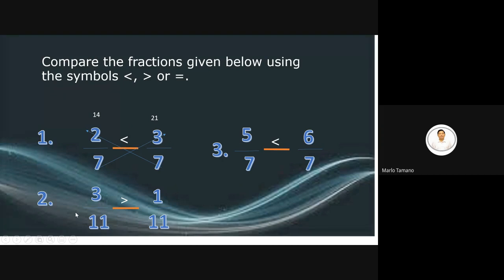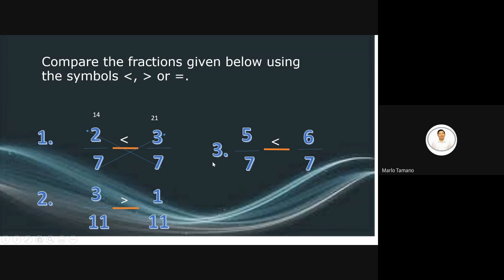Naintindihan? Number 2, 3/11 ikukumpara sa 1/11. Look at the numerators. Ano pong mas mataas, yung 3 o yung 1? 3. So nakaharap po yung ating inequality symbol sa 3/11. How to read this? 3/11 is greater than 1/11.